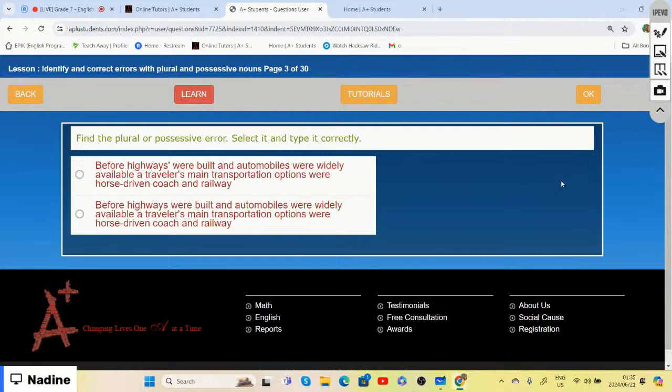So now we need to choose the correct error. Do we say before highways were built and automobiles were widely available, travelers' main transportation?